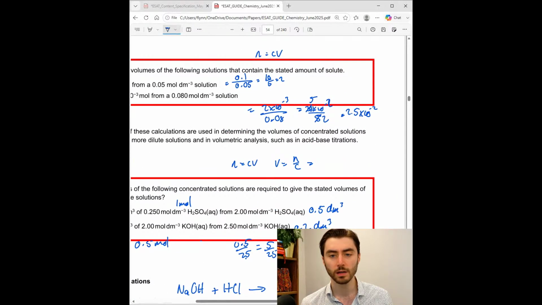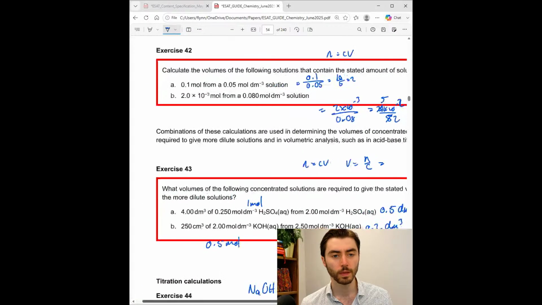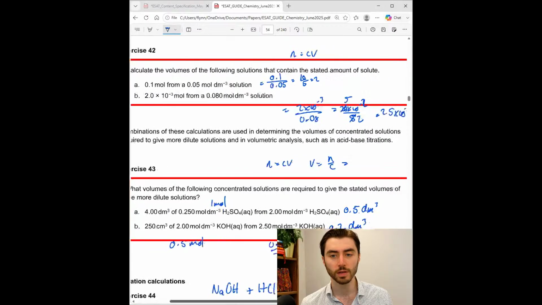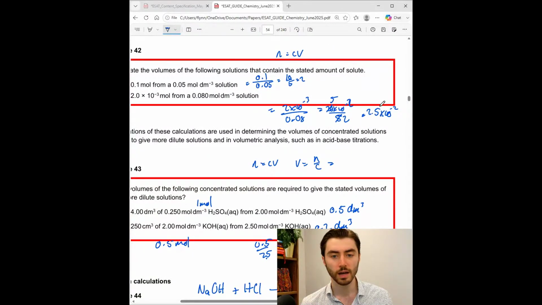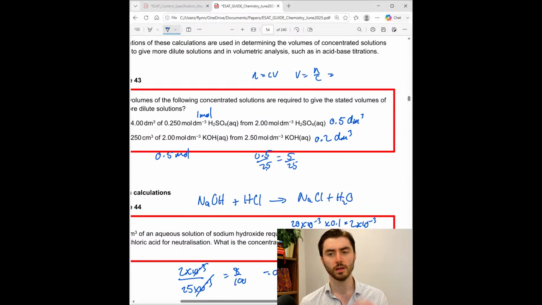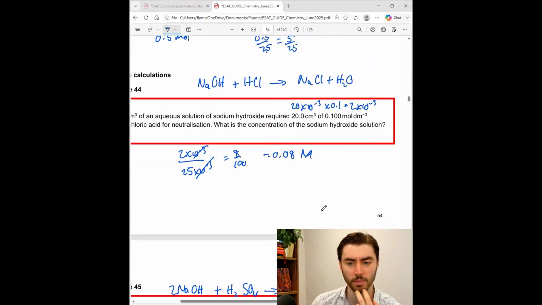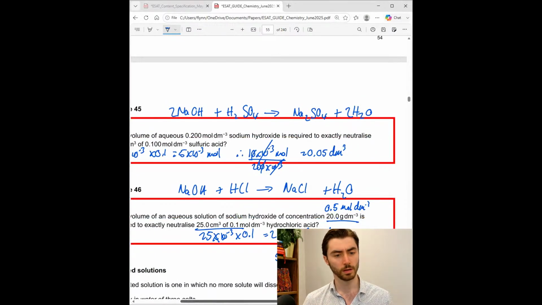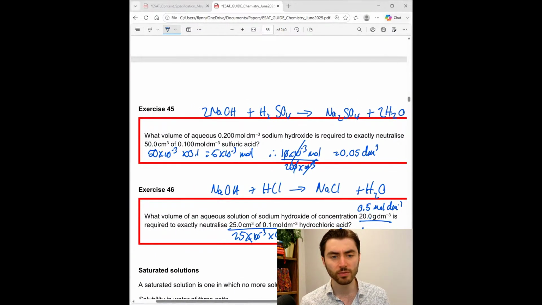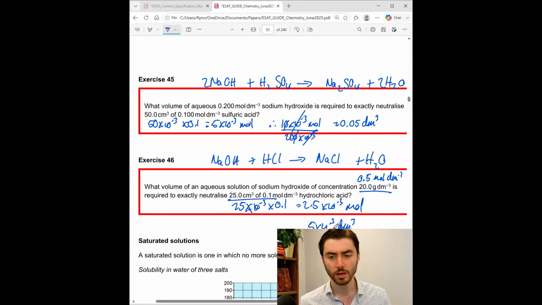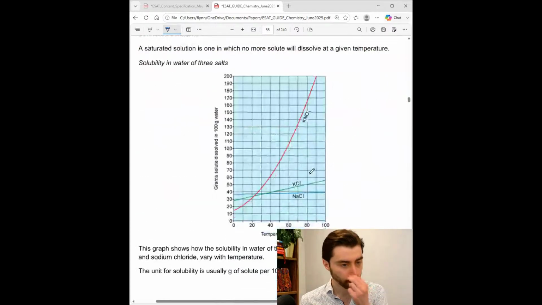Here, so 42, it looks like. Yep, 43. 0.5, 0.2, yep. Here, 0.08 molar, yep. 45, yep, 50 centimeters cubed. 46, 5 centimeters cubed, yep.